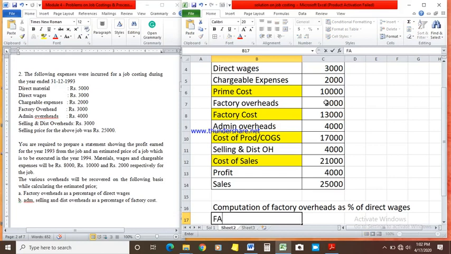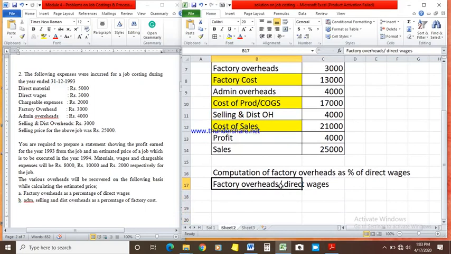I'll write a formula: factory overhead divided by direct wages multiplied by 100.